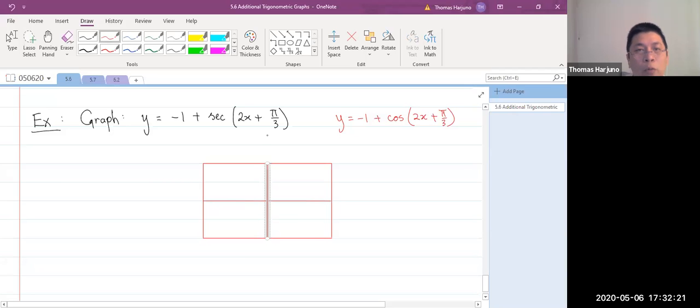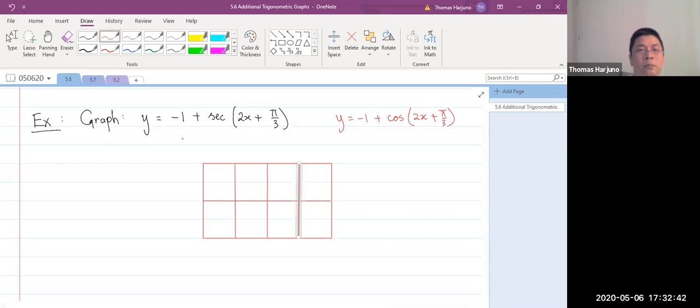We still use the 2 by 4 column. The center is -1, the amplitude is 1, so this is 0, this is -2.